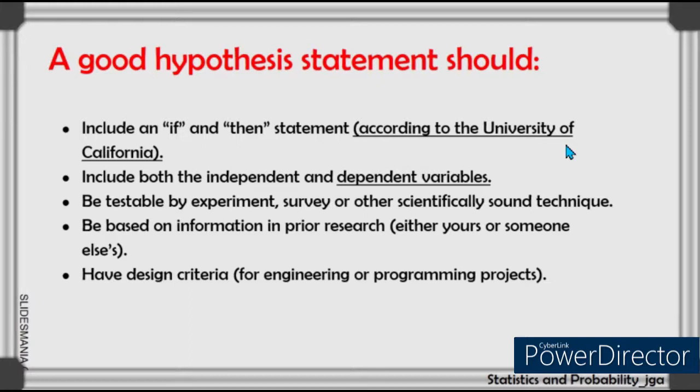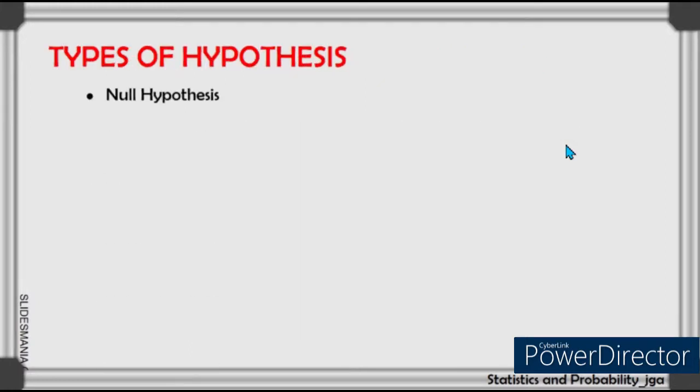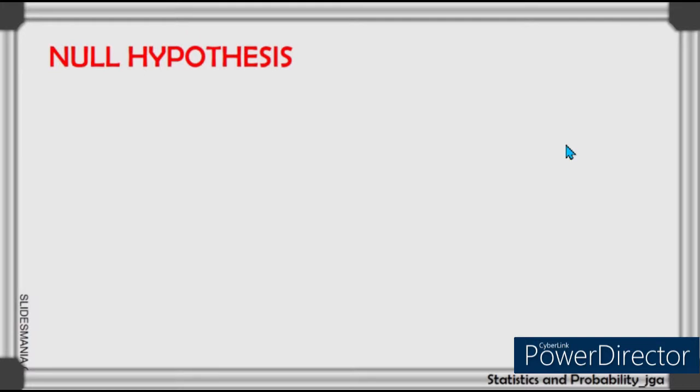So we have here two types of hypotheses, the null hypothesis and the alternative or alternate hypothesis. Let us first discuss the null hypothesis. The null hypothesis is denoted by H sub 0. The capital letter H stands for hypothesis, and the subscript 0 implies zero difference or no difference.